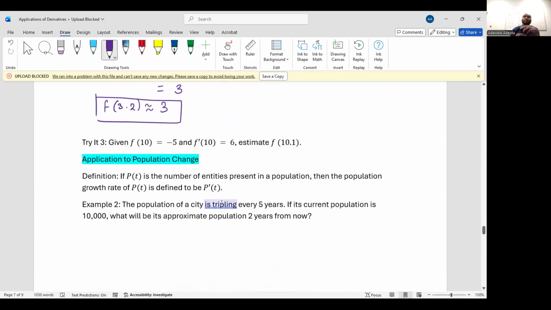Now, why is this useful? How is this useful? Think about a situation like we can know at every point in time the population of the world. Then we also know the rate of change of that population.